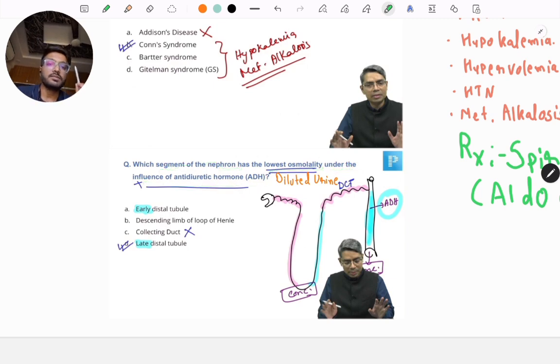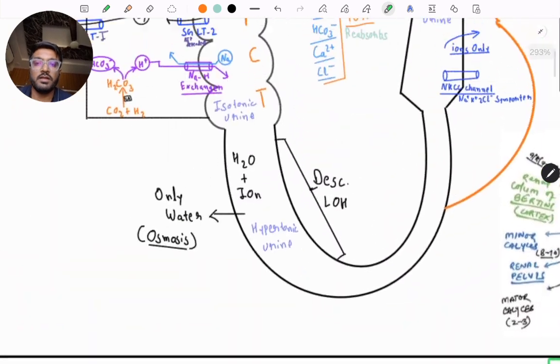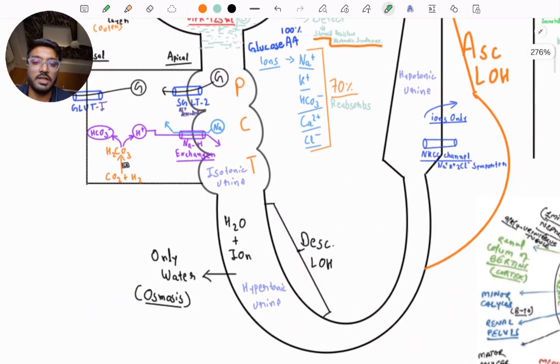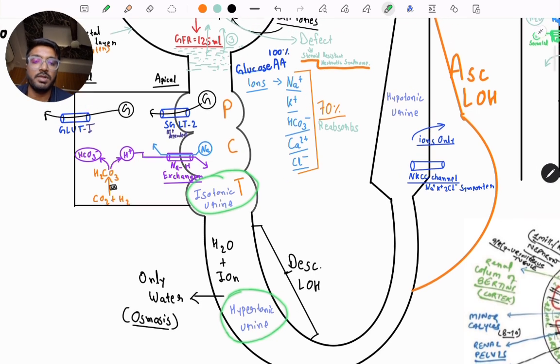The other question was, which segment of the nephron has the lowest osmolality under the influence of antidiuretic hormone. Now, lowest osmolality means they are saying that the urine is diluted. In which portion of the nephron will the urine be diluted? As we discussed earlier in the physiology part, the urine is going to be isotonic in the PCT, and in the descending loop it's going to be hypertonic.